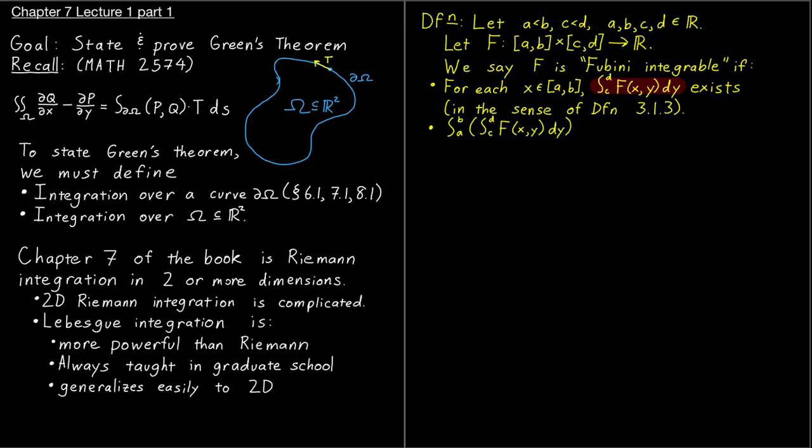That gives you a function of x. If that is also integrable, in the sense of definition 3.1.3, that's the second thing we need. The third and fourth things we need are the same thing with x and y interchanged.